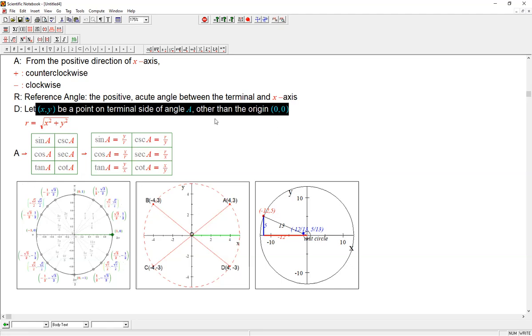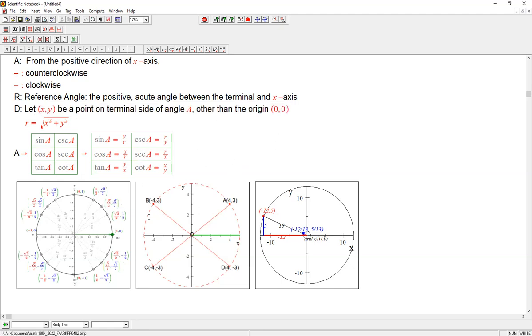Each of these points is an example of a point on the terminal side of the angle other than the origin, including points on the unit circle and not on the unit circle.